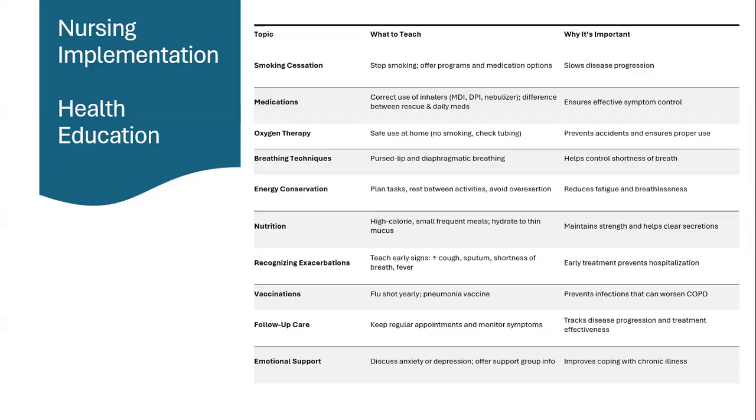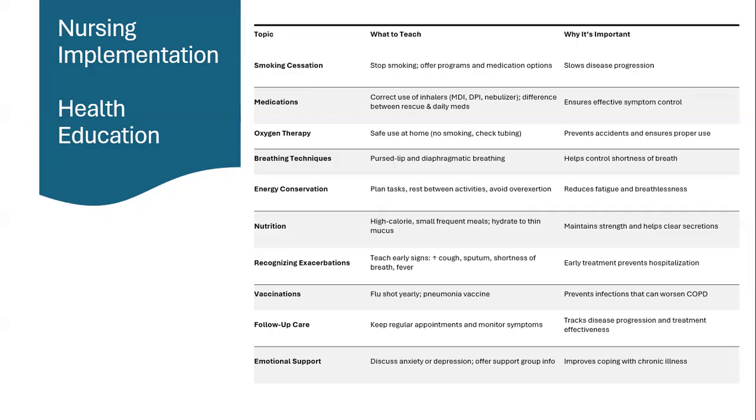Why is it really important for patients with COPD? Because quitting smoking really slows the disease progression. It doesn't stop the progression, but it really helps to slow it before the patient gets into a worse condition.